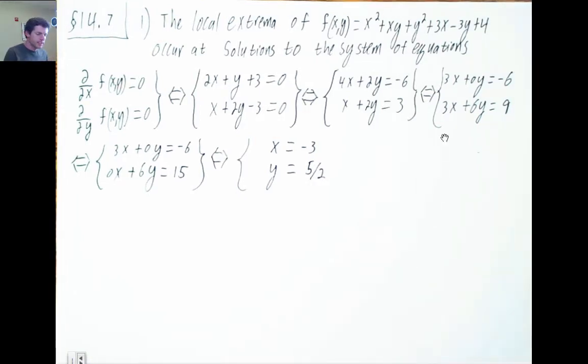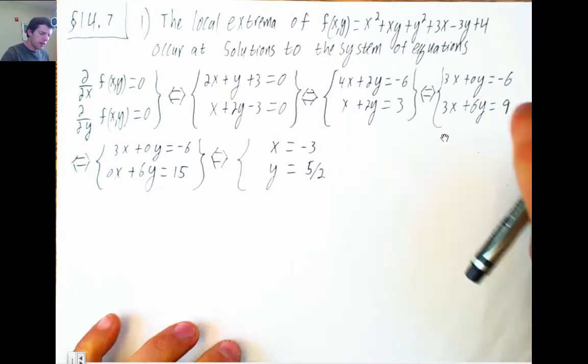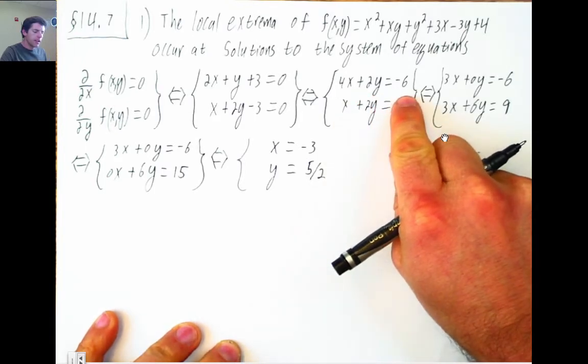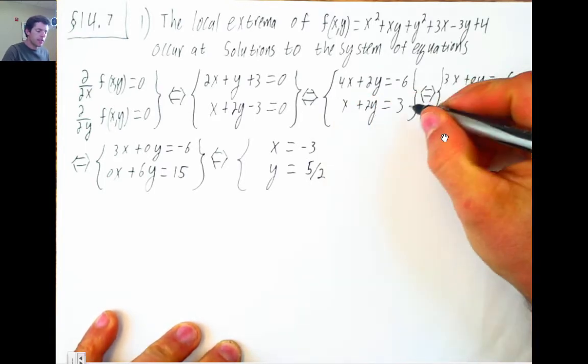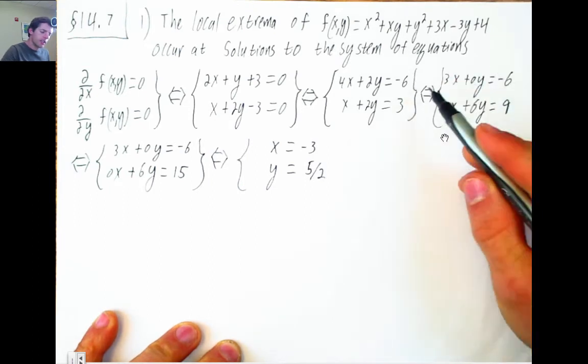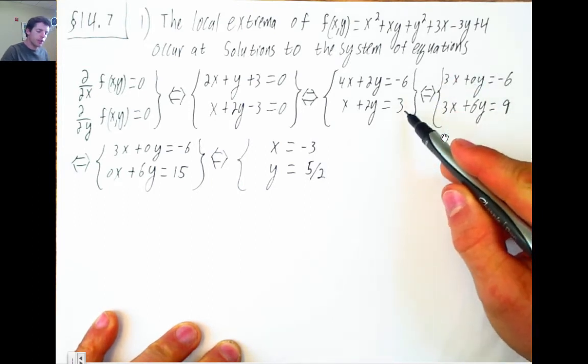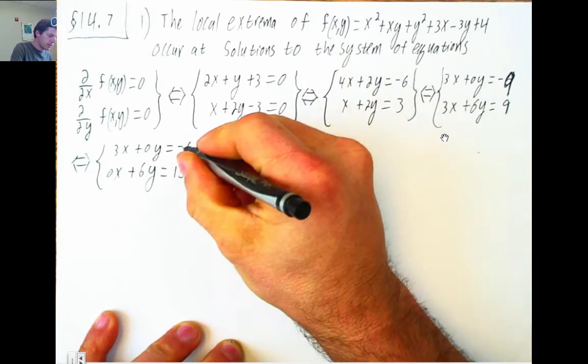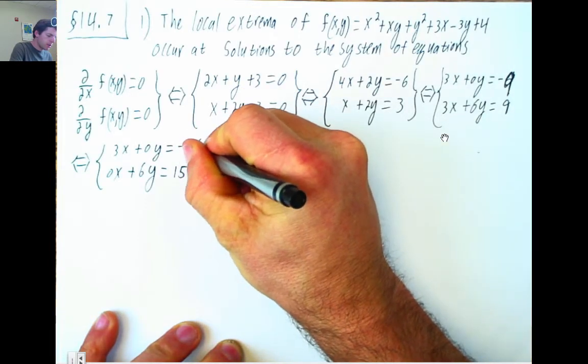Oh, you know what? I see I made a mistake back here, you probably caught this before I did. I subtracted the second equation from the first, and I should have subtracted from negative 6, 3 to get a negative 9. Negative 9, like that. And that should have been a negative 9 over here since all I did was copy the equation.